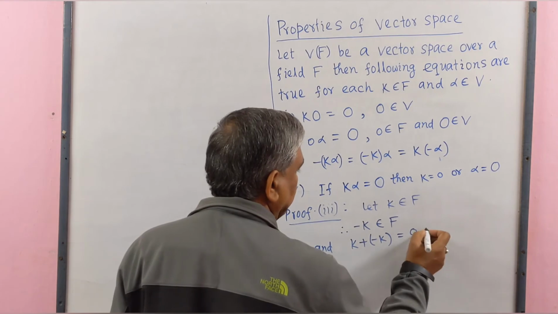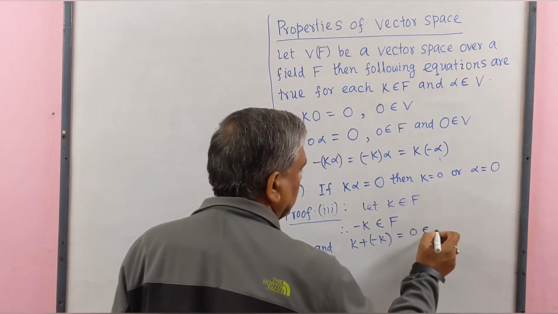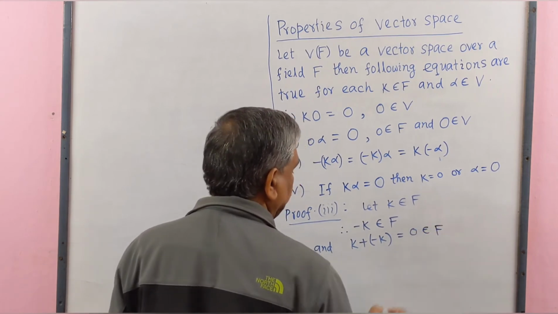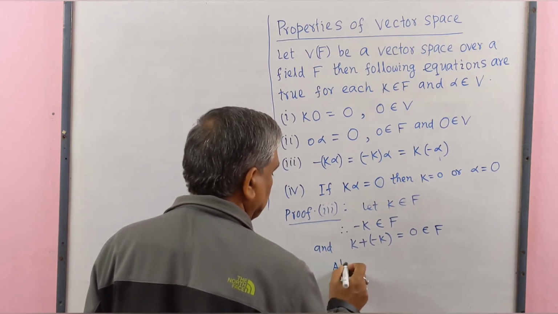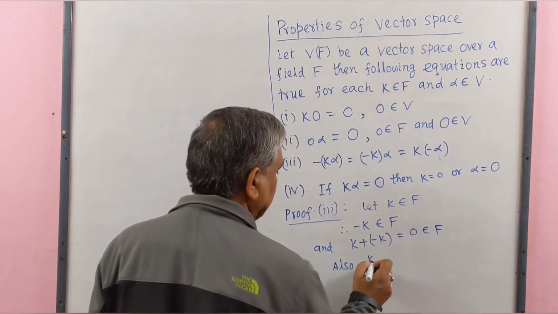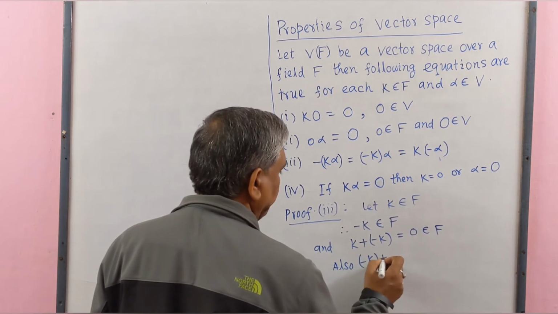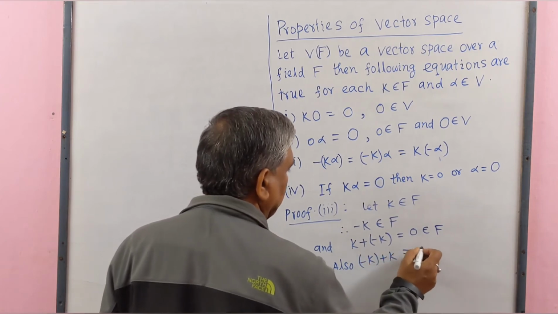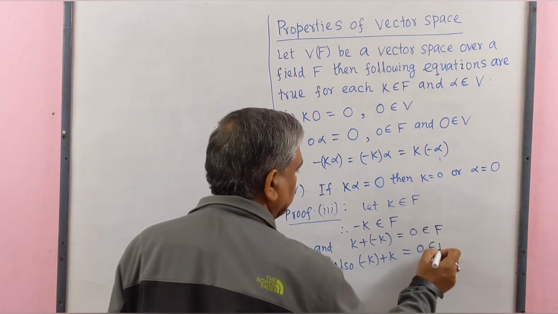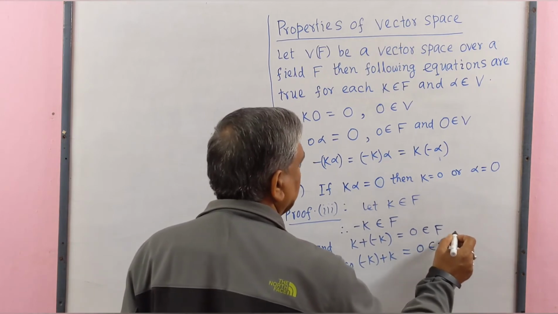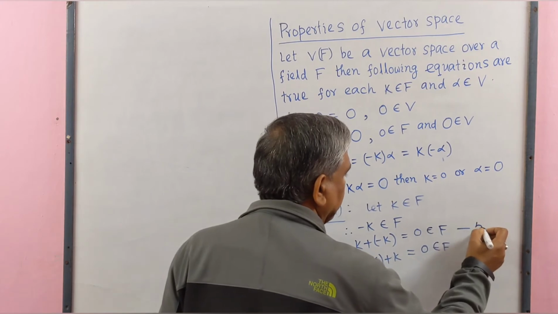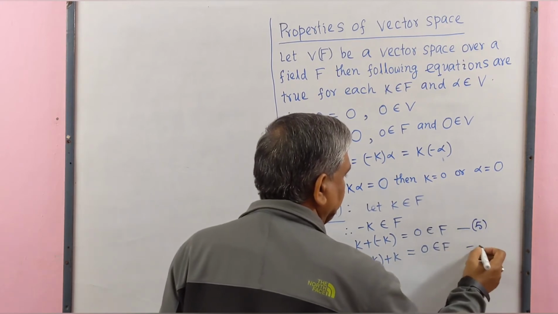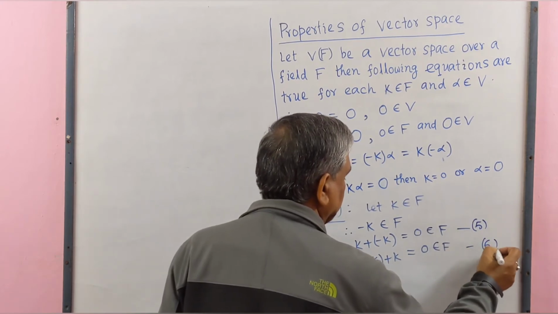This 0 belongs to F also. Minus k plus k equals 0. This 0 belongs to F. This is number 5 and this is number 6.